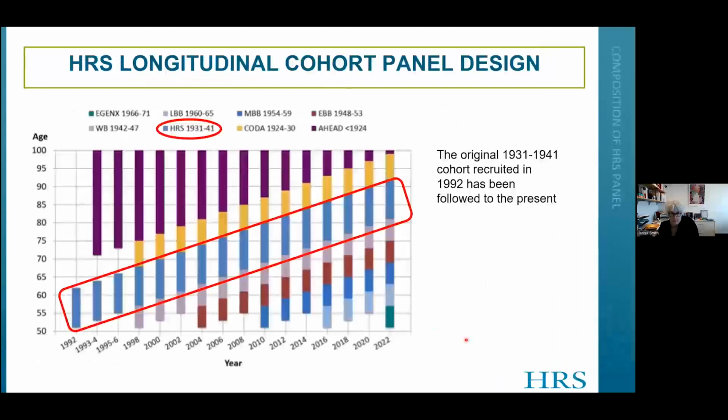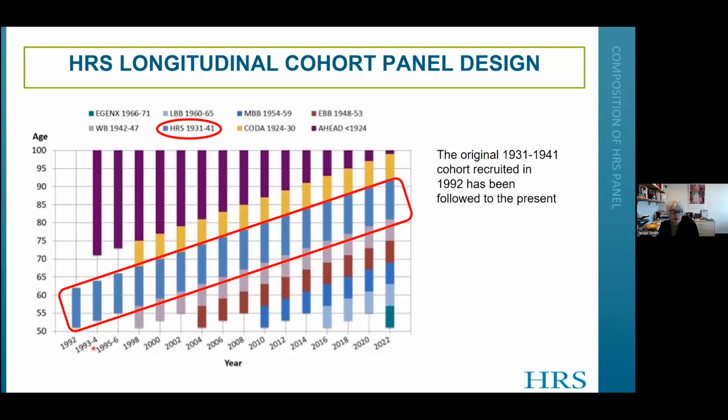Okay, so this is probably a very busy overview of the entire panel. This is the original cohort that I mentioned that came in 1992. It was initially funded, with funding from NIA, to see, can we actually do this? And then at that point in time, there was a lot of interest in the oldest old.